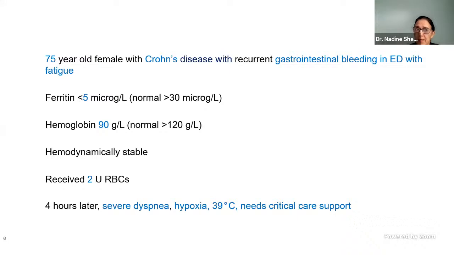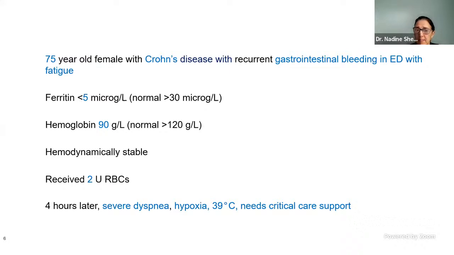So take the following case scenario. This is a 75-year-old female who had inflammatory bowel disease, Crohn's disease. She'd had ongoing recurrent gastrointestinal bleeding, and she comes to an emergency department with fatigue predominantly as her symptom, not so much the bleeding. Her ferritin is less than 5.